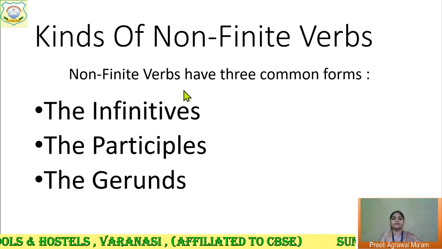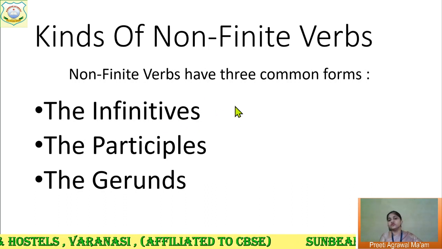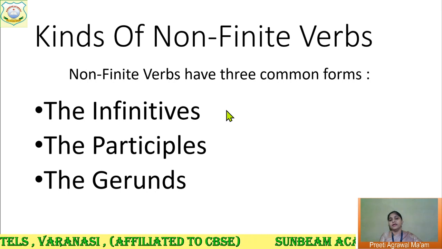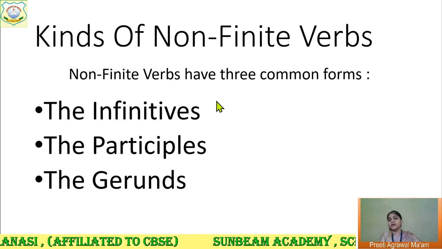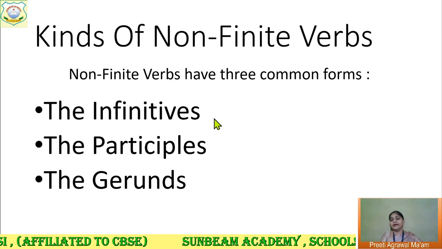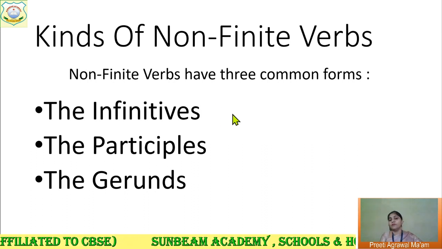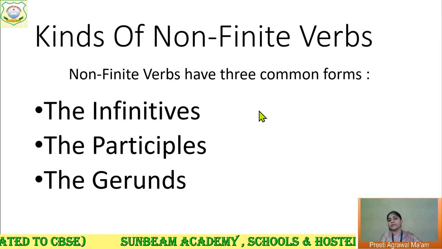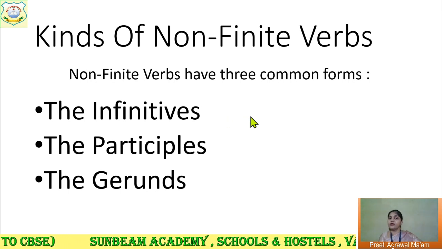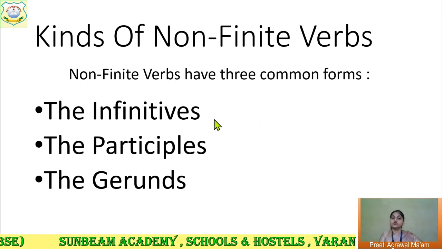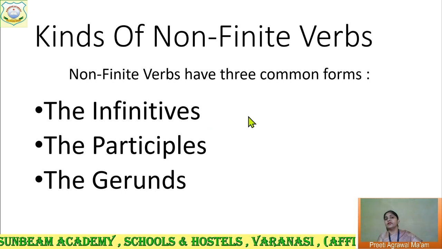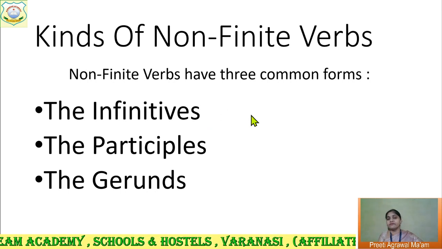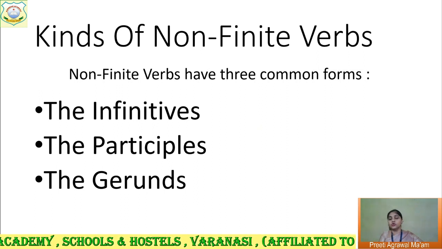Infinitives can be of two kinds. There can be infinitives with to and the first form of the verb. How do we write an infinitive? We write to plus V1. V1 means the first form of the verb. And infinitives can also be without to.